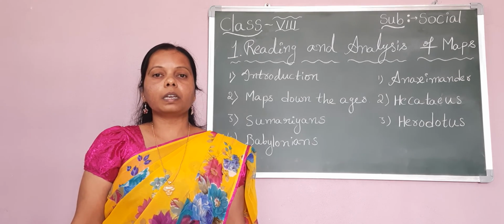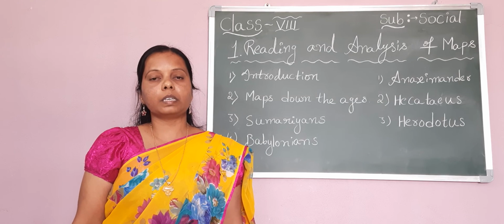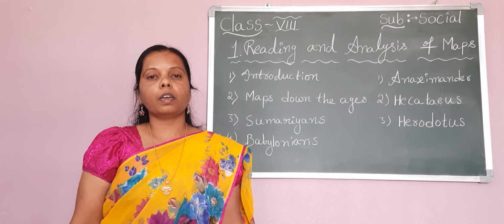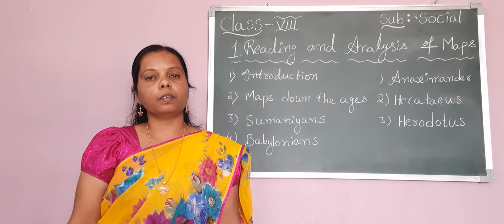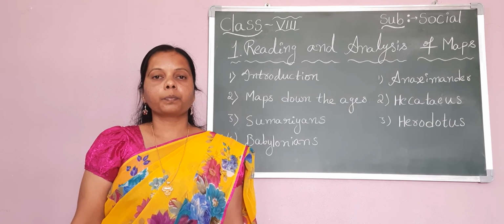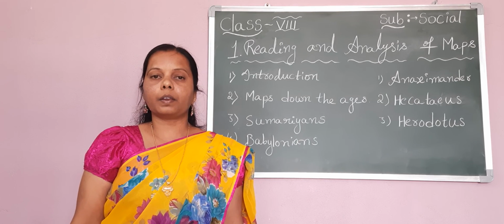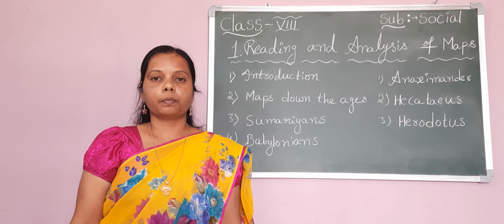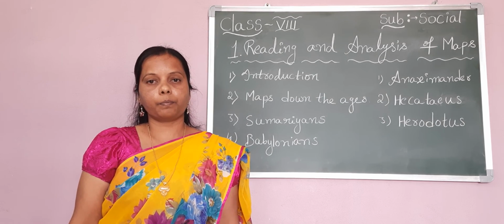Some of the traders also gave very accurate information about the places that they visited. But in their maps, we can see India shown much smaller than Sri Lanka. Actually, India's size is bigger than Sri Lanka.